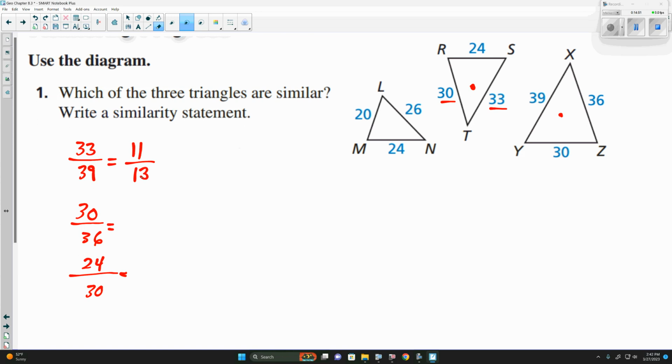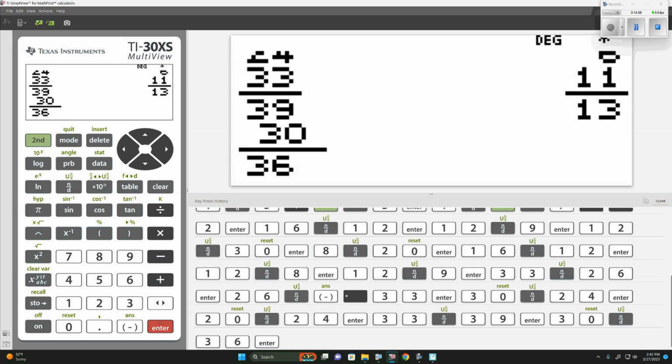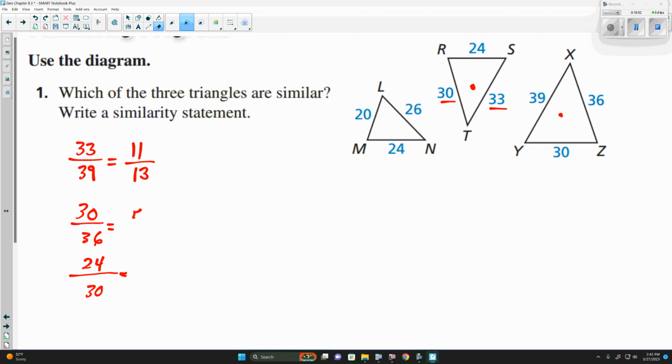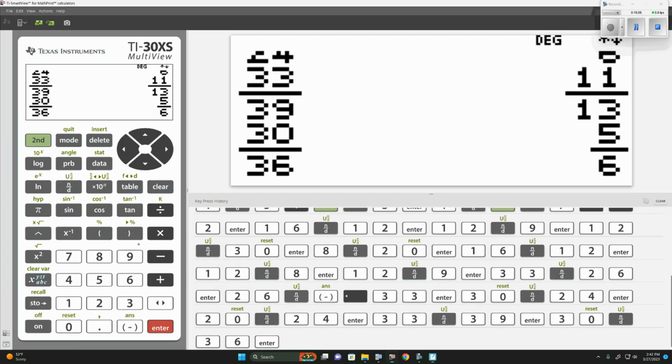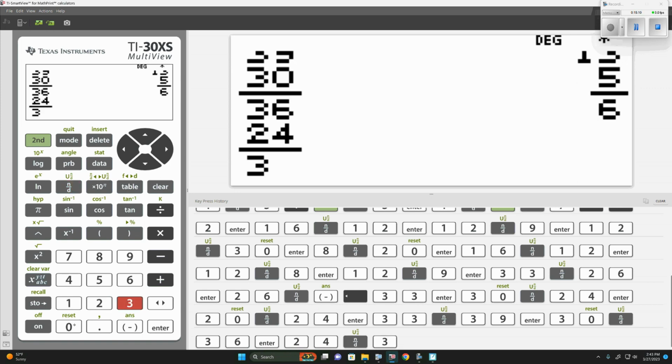It's not looking good. 30 over 36 is, and 24 over 30 is 4/5.